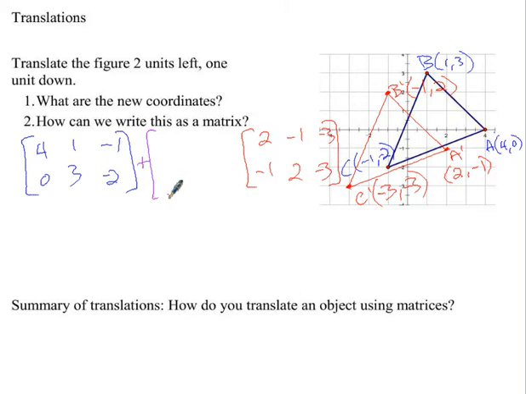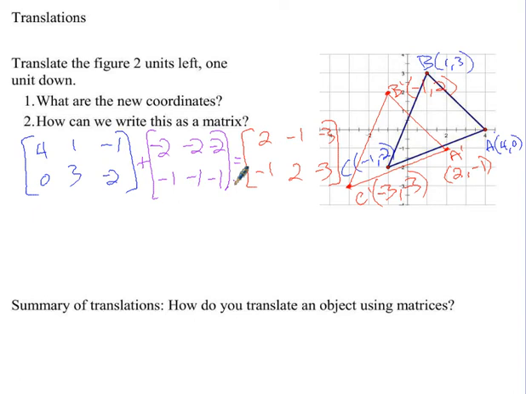If I add -2, -2, -2, and -1, -1, -1 to my original matrix, I get this matrix. Where did this -2 and -1 come from? Moving it left and down. I moved it left. That is in the negative direction, so that's -2 units. I moved it down. That's in the negative direction, so that's why I wrote -1 here.